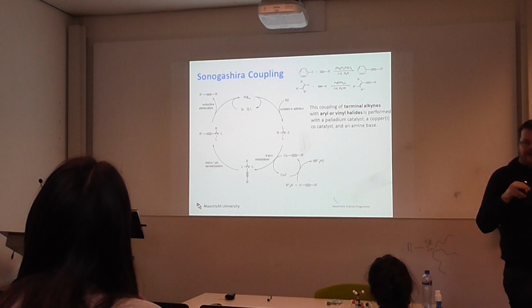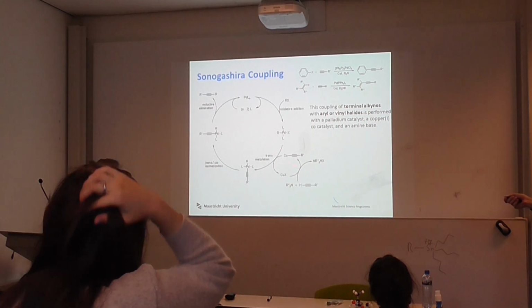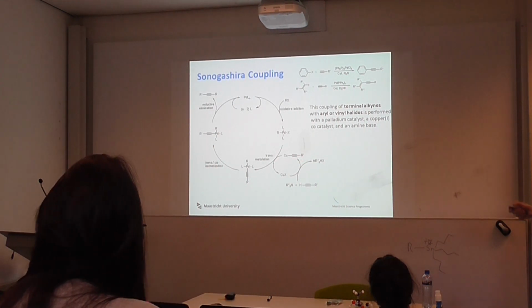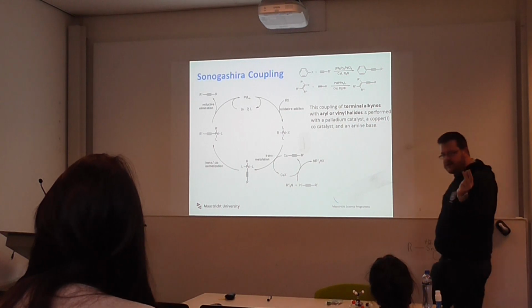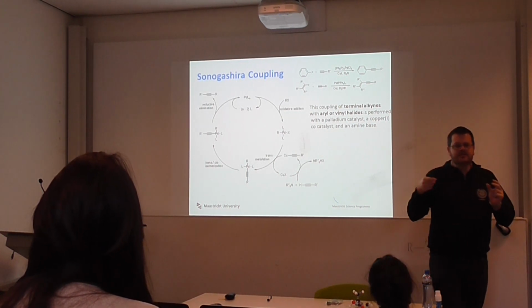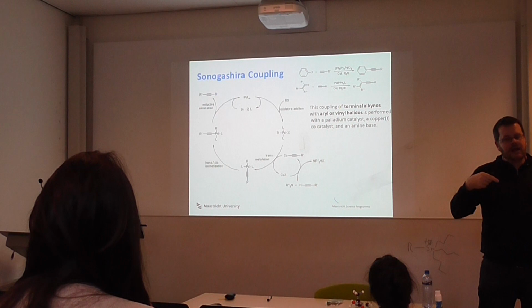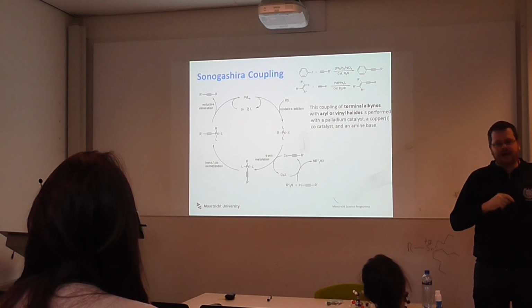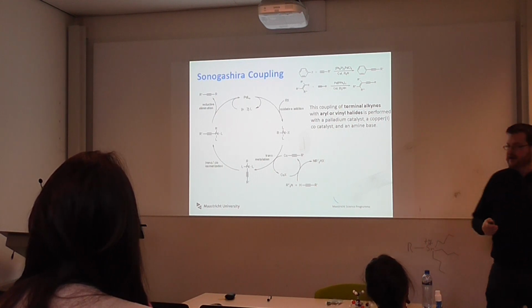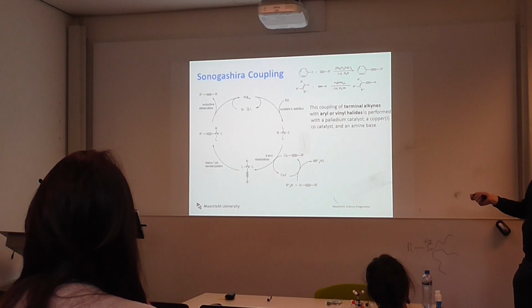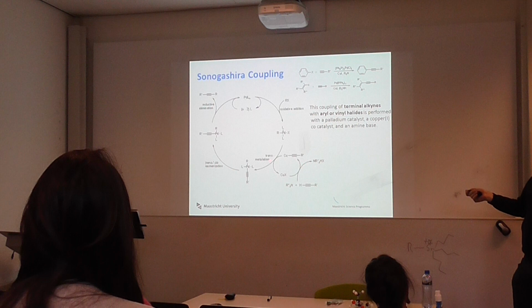And what that guy then does, it acts as the transmetallating reagent. So what you're actually doing in a Sonogashira coupling is you're in situ generating the transmetallating reagent by reaction with a copper 1 co-catalyst in the presence of a base. And that's how you install the alkyne group onto the palladium.